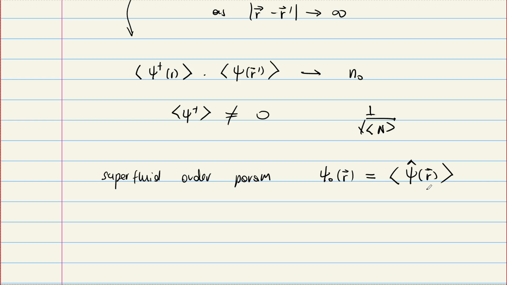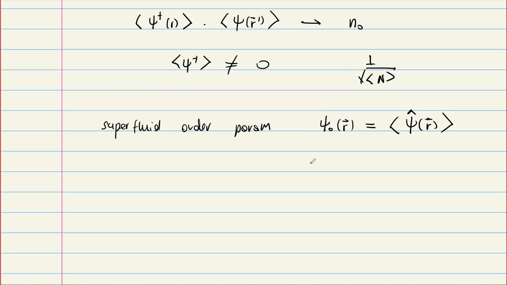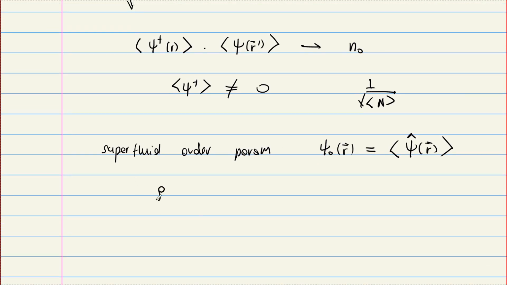Good. And in terms of this object, this one particle density matrix rho 1 of r minus r prime is equal to psi 0 star of r psi 0 of r prime, and the decaying part, which we already omitted.